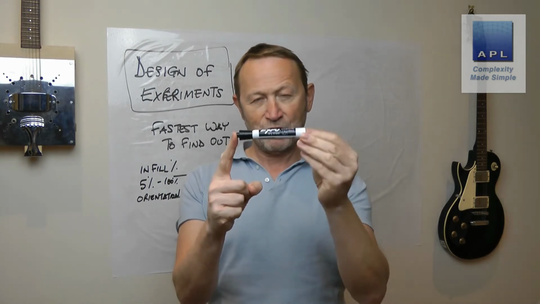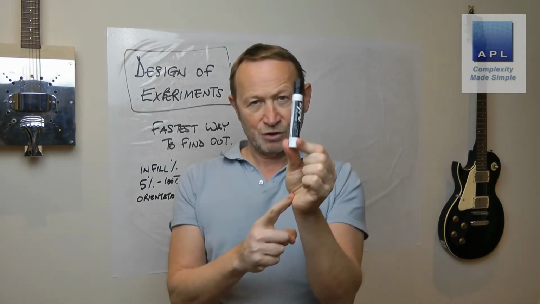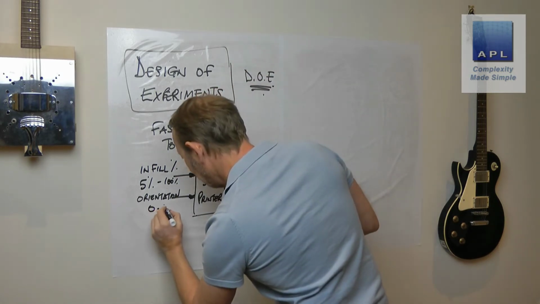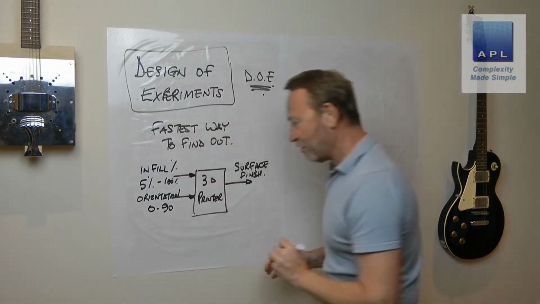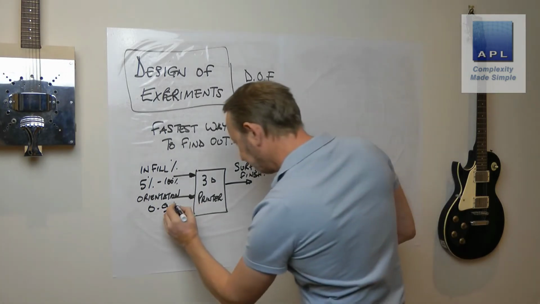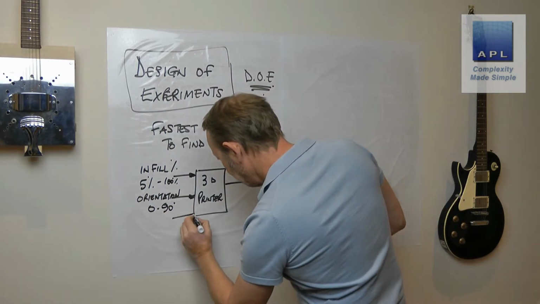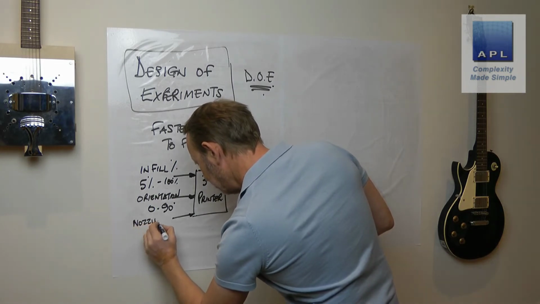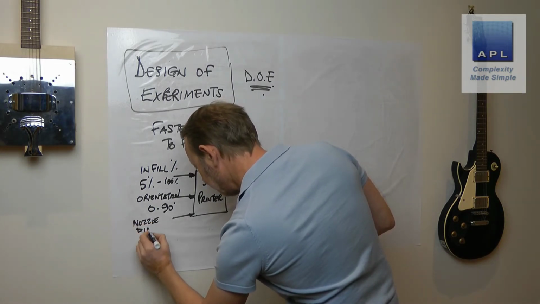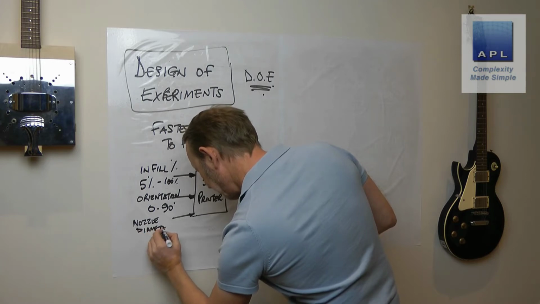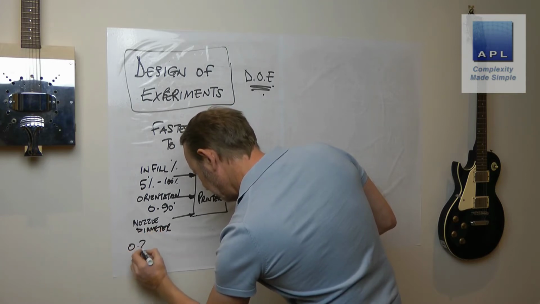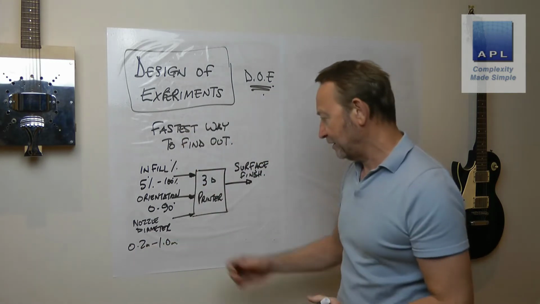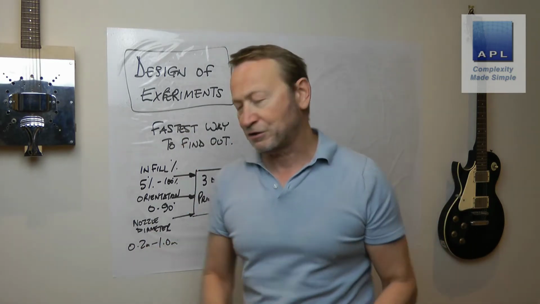He could produce the part flat in the machine, or he could produce the part standing up. So I call that 0 degrees and 90 degrees. And then finally, he had nozzle diameter. Okay, and it was down at 0.2 of a mil up to 1 millimeter in diameter. So they were the three variables.